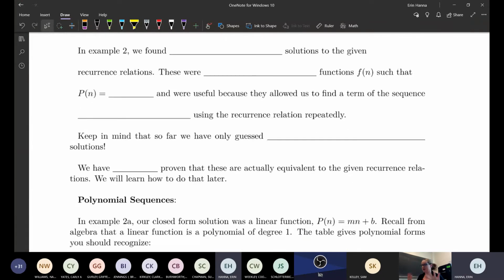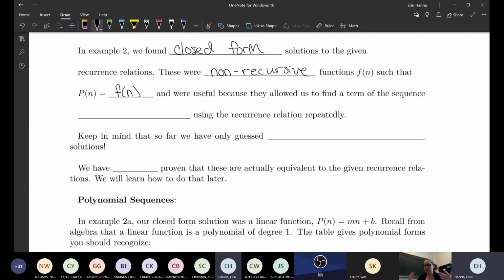So in example 2, the thing we just did, we found what we called closed forms. We found closed form solutions for the given recurrence relation. Closed form. So these were non-recursive functions such that if we're naming that function f of n, I was naming it p of n before, I probably should have used f, sorry about that, the term of the recurrence relation is going to be equal to the same term in that function.